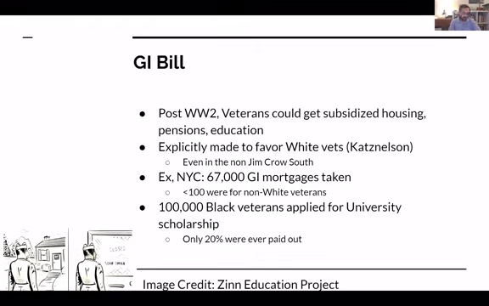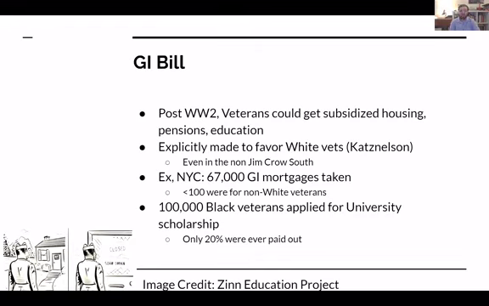And even if it's not just in the intention, it's also in the action, in the implementation of the GI Bill. So the famous statistic that is used, which is a true statistic, is that in New York City, so again, not a right or left question, New York City even then was one of the more politically progressive parts of the country, whatever that means, 67,000 subsidized mortgages were given to veterans within the New York City area, all the boroughs and whatnot.